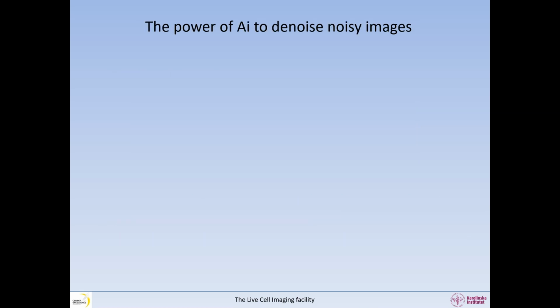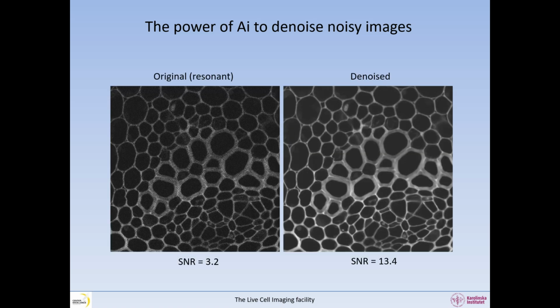So now I would like to mention something that can rescue the resonance scanner, which is the power of artificial intelligence to denoise noisy images. And this is not specific to the resonance scanner. Any noisy images can be denoised with artificial intelligence. And this is what it looks like. You can see on the left side the original image acquired with the resonance scanner at 33 milliseconds.